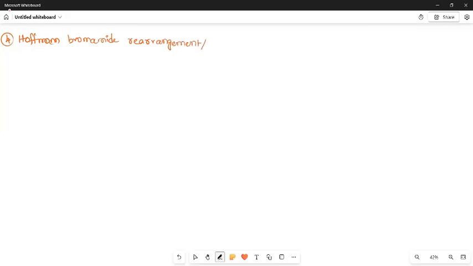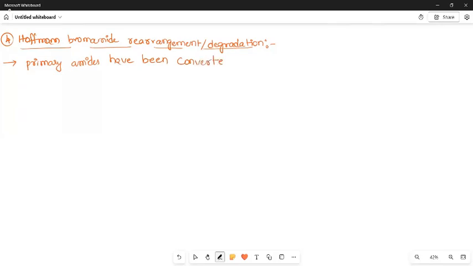You can call it Hoffman bromamide rearrangement, or sometimes Hoffman bromamide degradation. Either way it is the same question. Actually, the statement is primary amides are converted into primary amines with one carbon less.